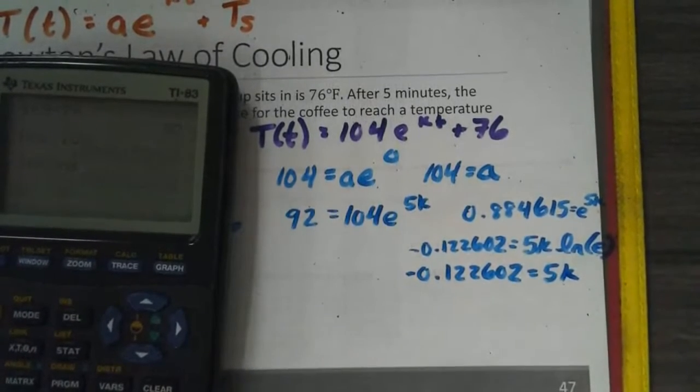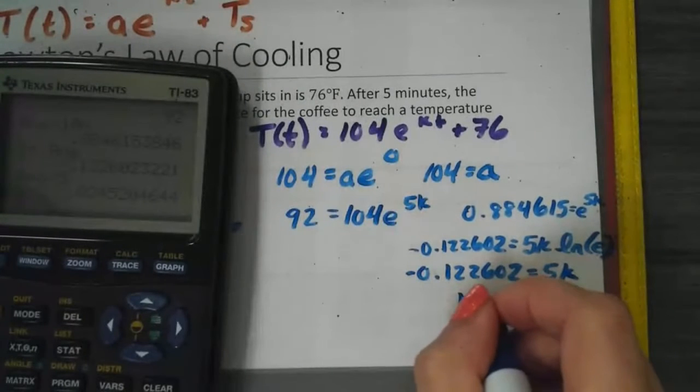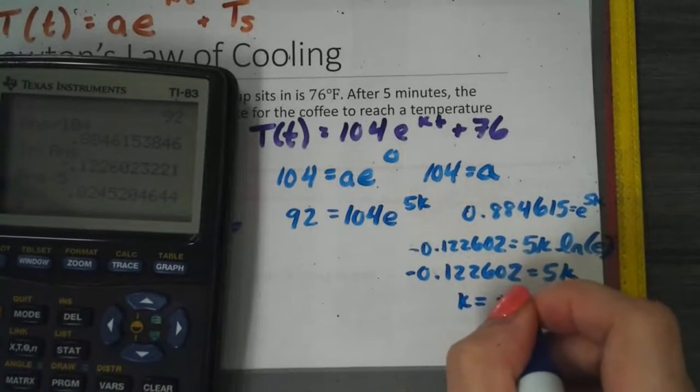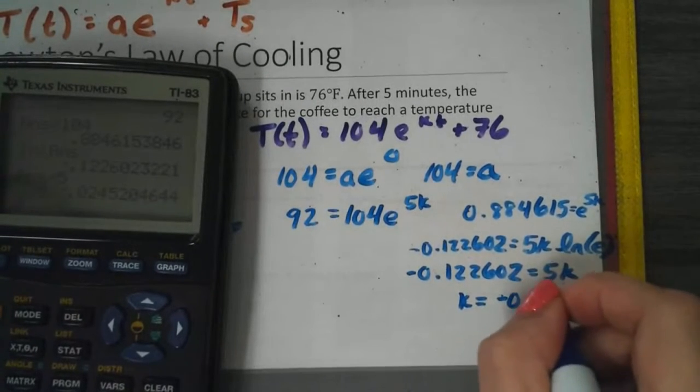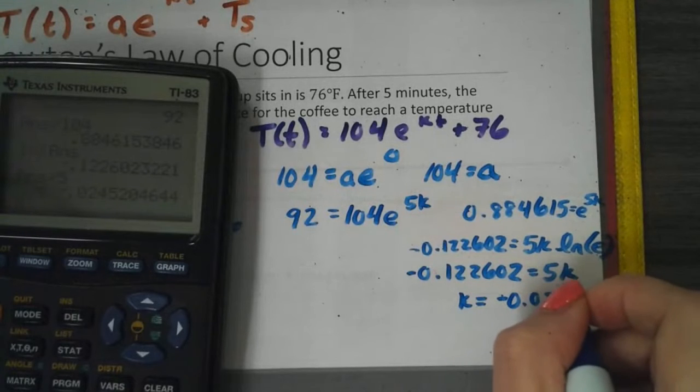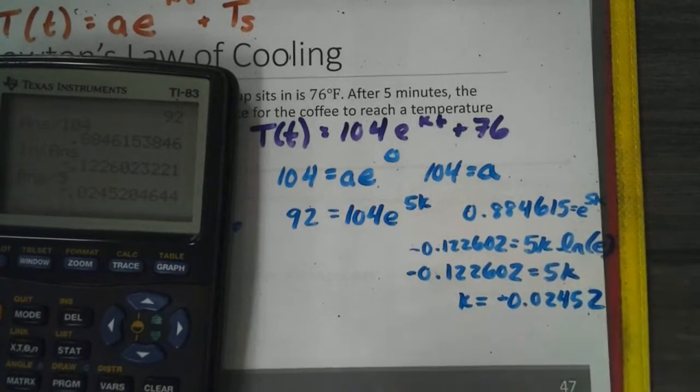And if I divide by 5 on both sides, I'm getting that k is about equal to negative 0.02452. I know I'm not being super consistent about how many decimal places I go out, but in general, as long as you go out 4, you'll probably be okay.